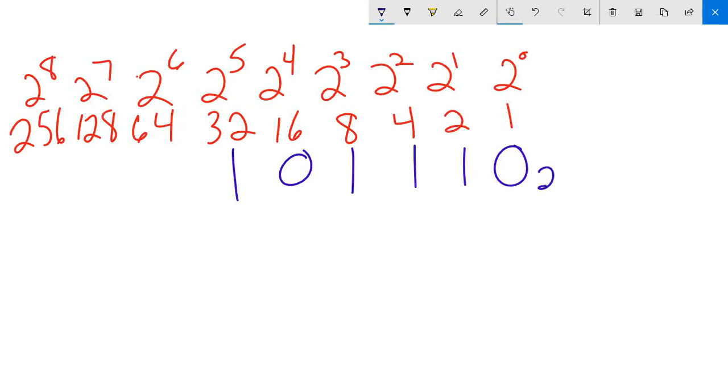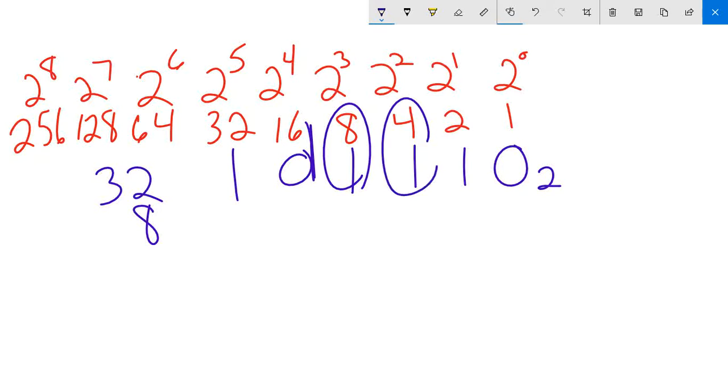That's base 2. Well, they want me to put that in base 10. So let's go through that. I have 2 to the 5th for 32, and I have 1 of those selected there. So 32. I have 0 of the 16s here. I have 1 of the 8s, so I'm going to add 8. I have 1 of the 4s, so I'm going to add 4.